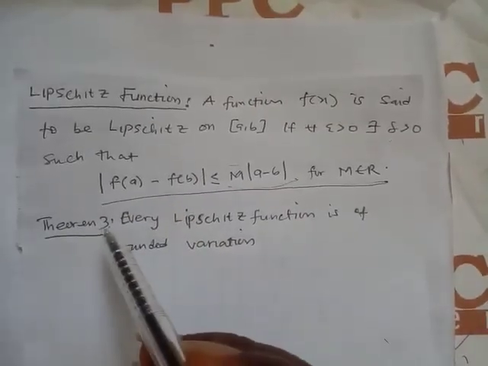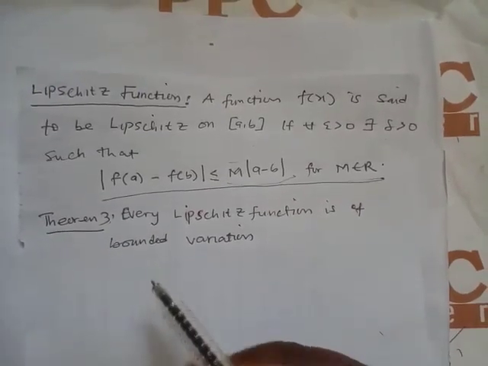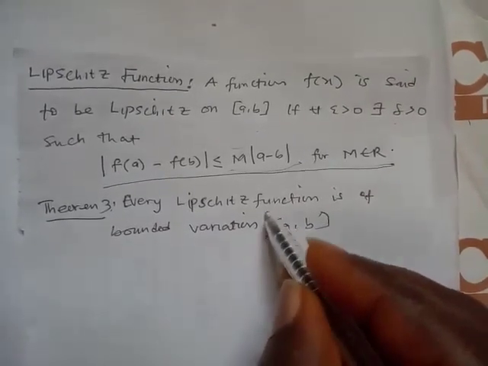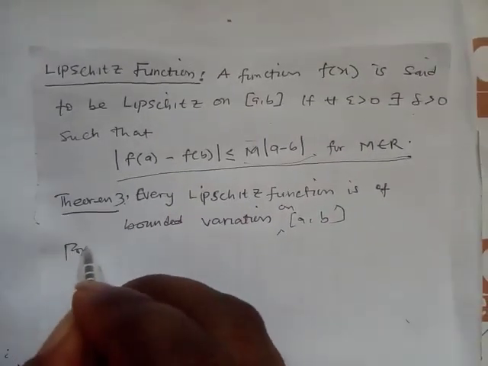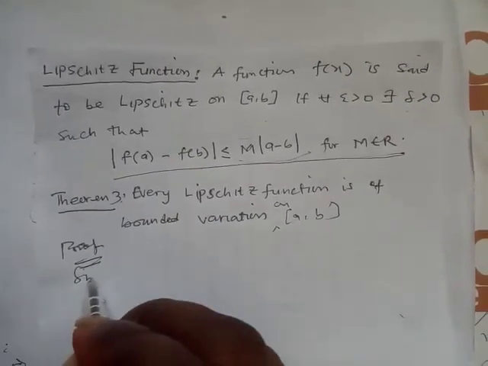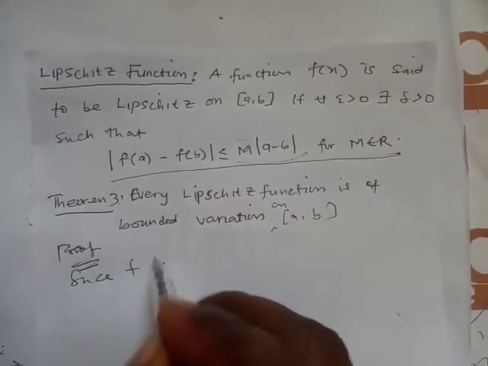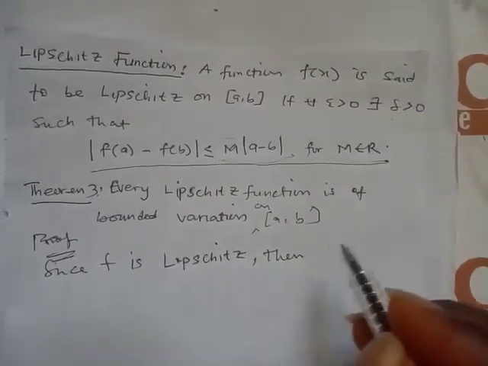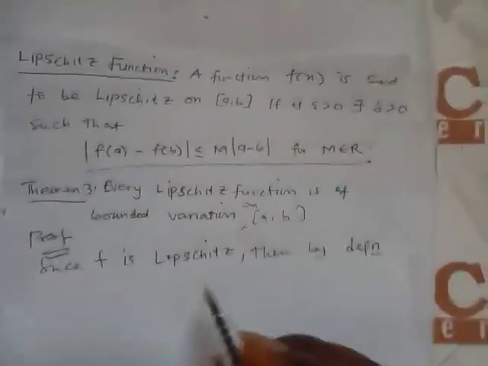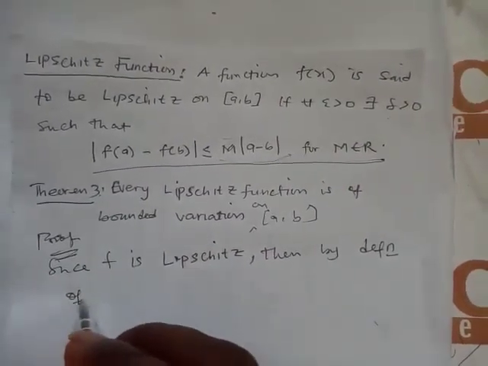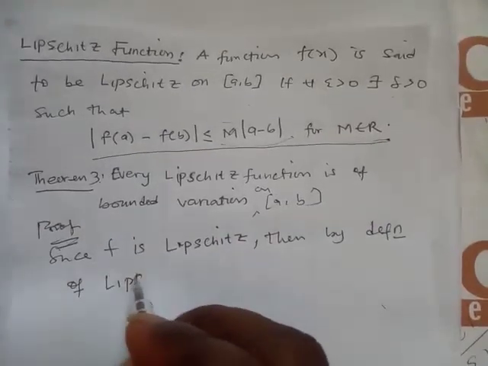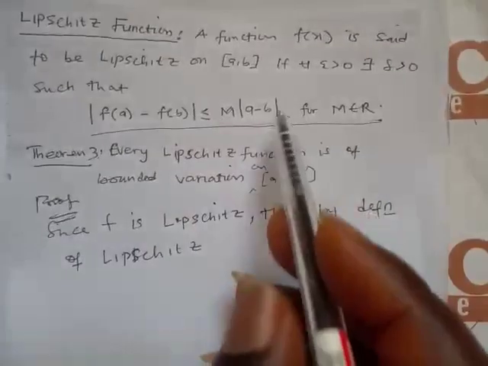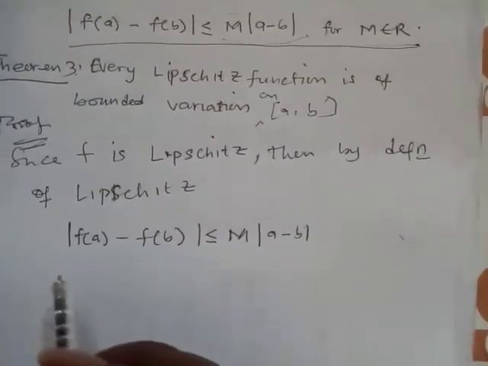So we now have this theorem 3. We say that every Lipschitz function is of bounded variation on [a, b]. So let's prove it. Since f is Lipschitz, then by definition of Lipschitz, this will happen, which we have written out.